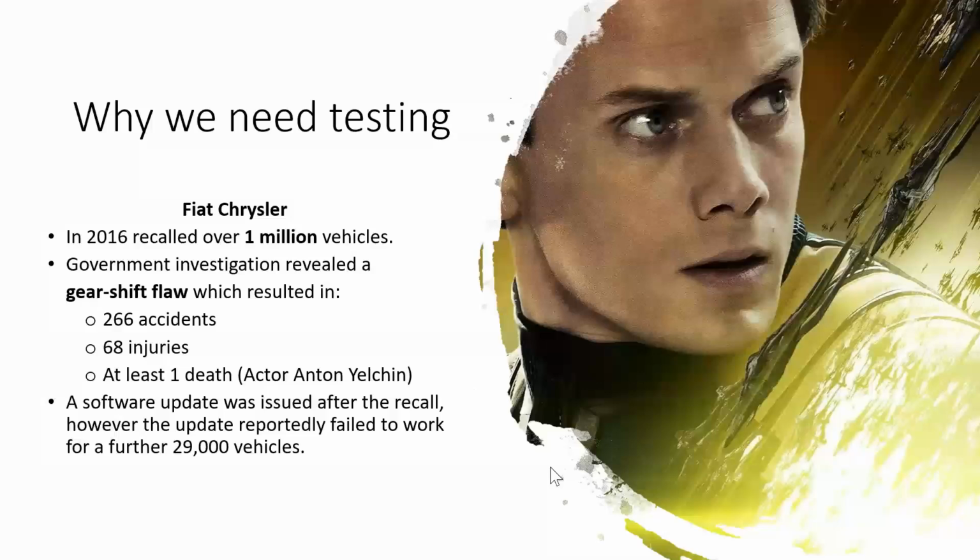So the issue with this is that it did end up causing a death. There was no kind of severe money loss, it was a loss of a human life. So a software update was issued after the recall. However, the update reportedly failed to work, and again a further 29,000 vehicles had to be recalled.